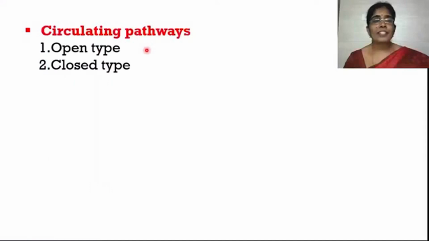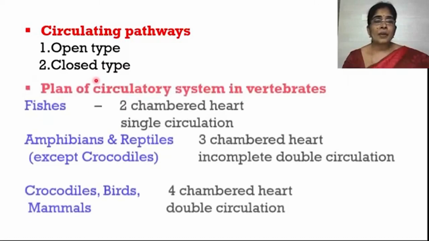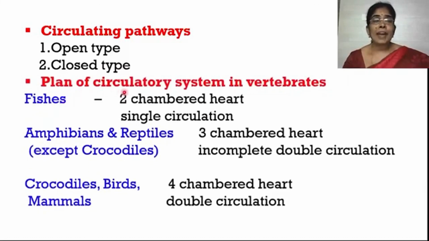In our former session, we have gone through the circulating pathways in different groups of animals. There are open type and closed type of circulatory patterns in the animals. We also have learned the plan of circulatory system in different groups of vertebrates. Among vertebrates, fishes have a two-chambered heart and show single circulation.